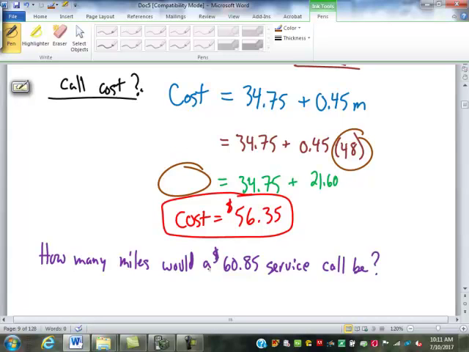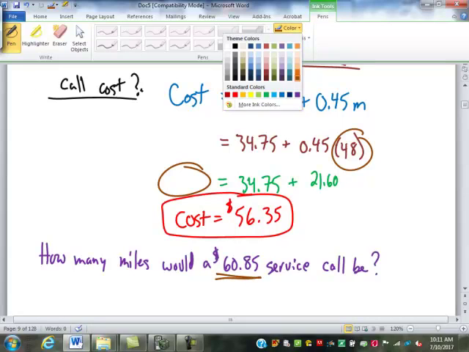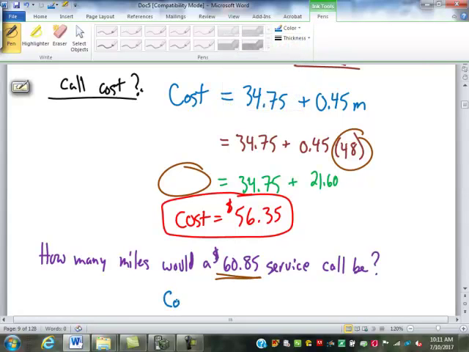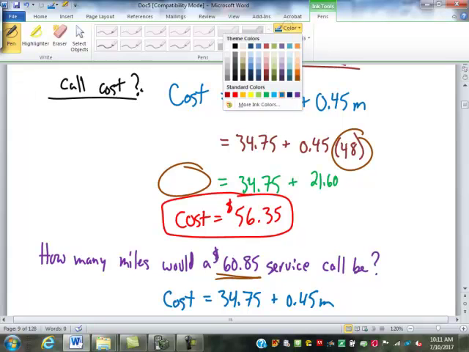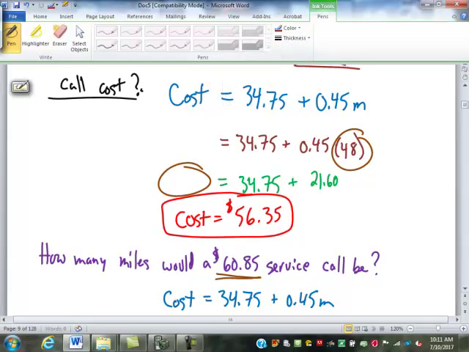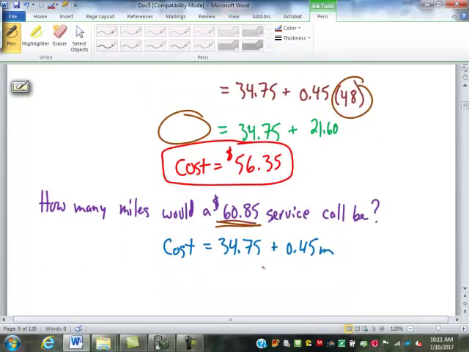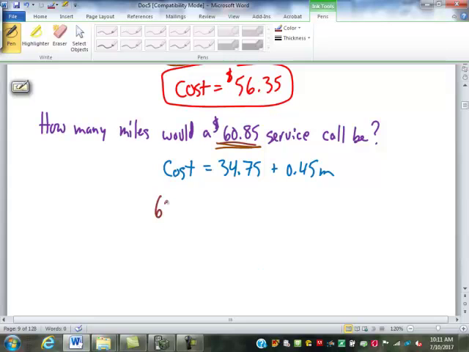Down here, we know the cost and we're finding the miles. But it is still the same equation. Cost equals 34.75 plus 0.45 M. The difference is the $60.85 goes in for the cost.